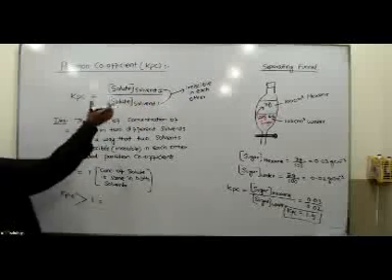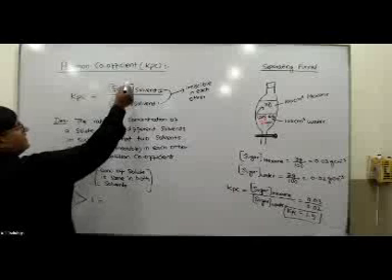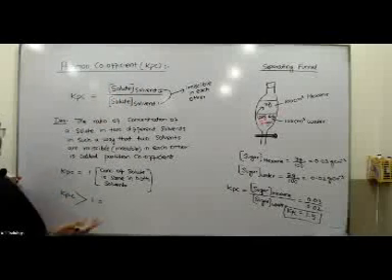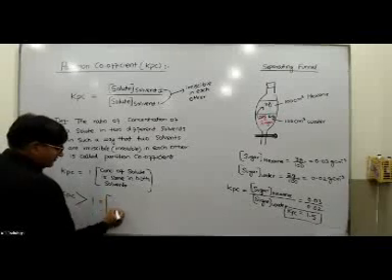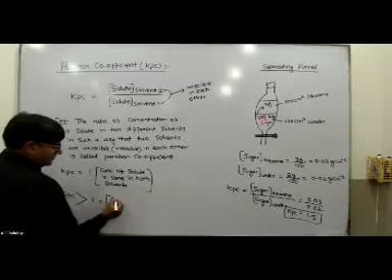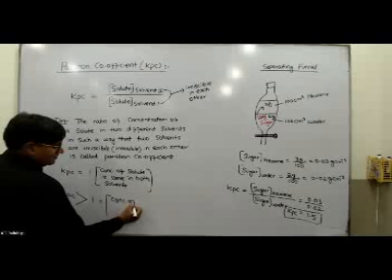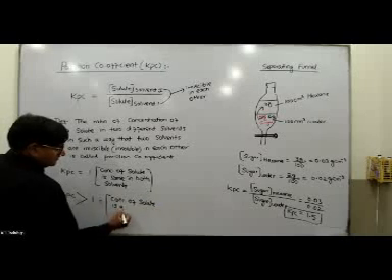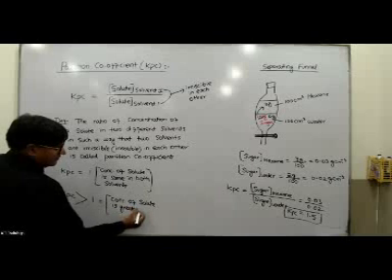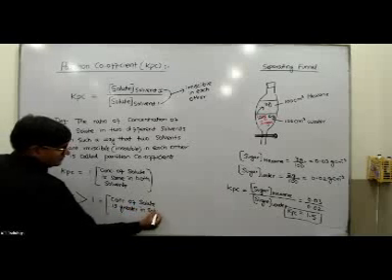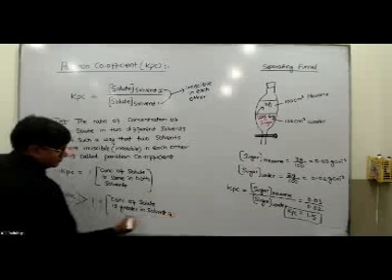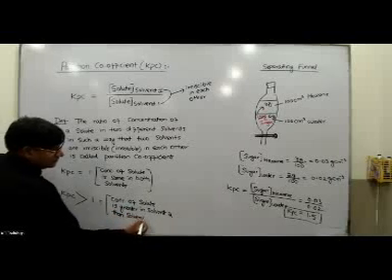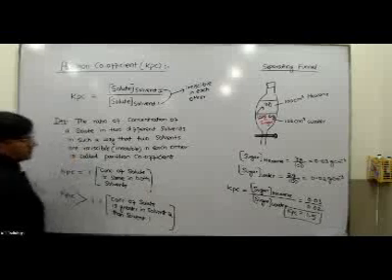Let's suppose here you got 8 and here you got 5. If you divide it, you will get an answer greater than 1. So the concentration of solute is greater in solvent 2 than solvent 1.